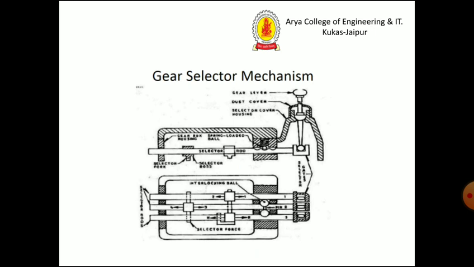On the selector rod there is a spring loaded ball which is mounted in the gearbox housing, and on the selecting gear rod there is a selector fork and selector boss. By just sliding the gear lever we can attach our gear with the required gears and obtain the required gear ratios.